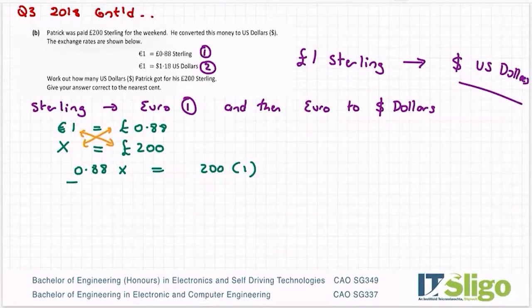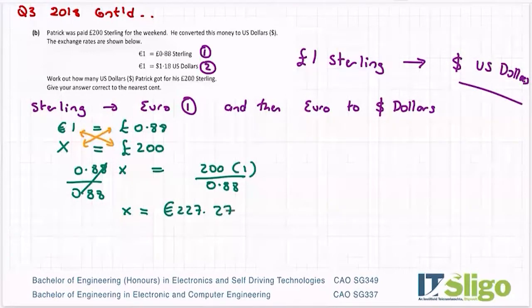Then I'm going to divide both sides by 0.88 and solve for x. So 200 divided by 0.88, I am getting 227.27 euros for that particular one.